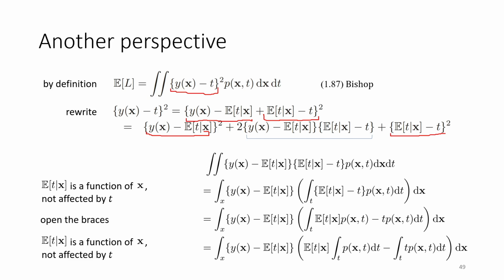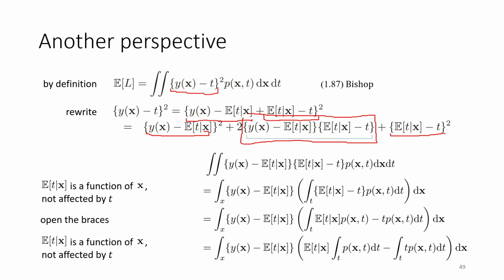Actually, if we only look at the central part and we do this double integral, then we will get the y(x) minus expectation times the expectation minus t and the joint distribution density function.